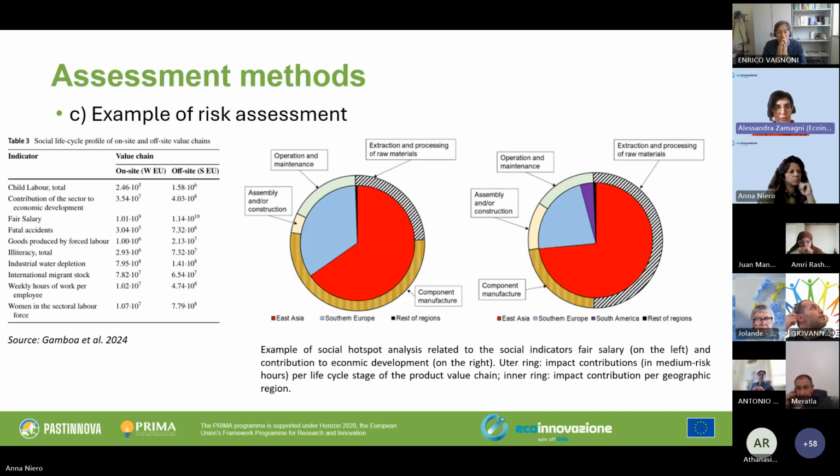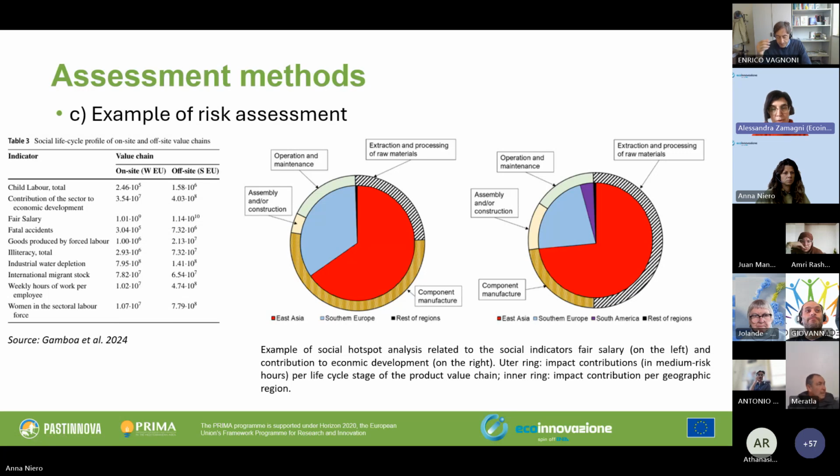Without looking at the numbers that are not relevant for now, you see in the table on the left that with the risk assessment, we can identify for the different indicators that represent an impact, child labor, fair salary, fatal accident, how much of these potential risks are within the value chain in terms of geographical context, and how many of them are outside the specific part of the value chain, in order to understand also the relevance of direct and indirect impact. So this is useful information. And at the same time, on the right side, it can give us information on where social hotspots arise along the value chain for the different life cycle stages.